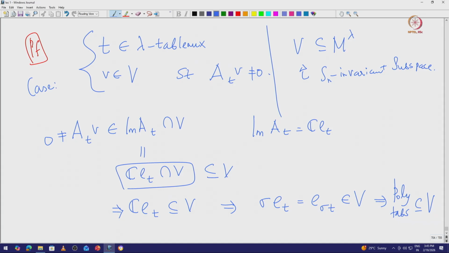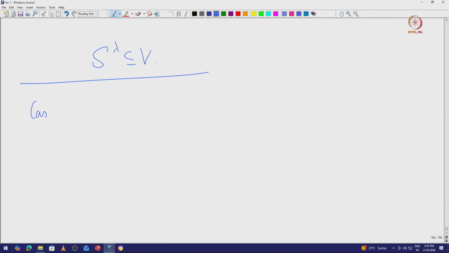In case 1 we assumed that there is a lambda tableau T and v in V such that A_T v is non-zero. Now case 2 is going to be the contrapositive of that.